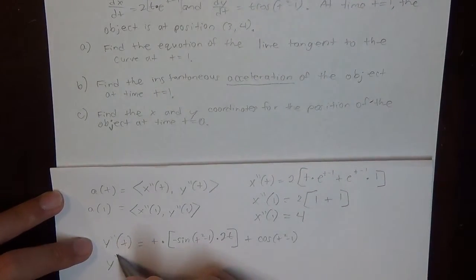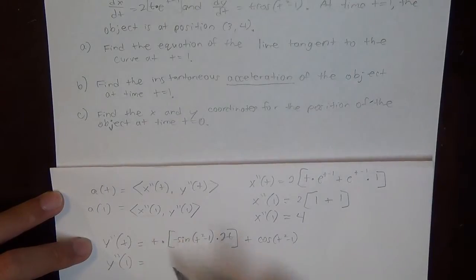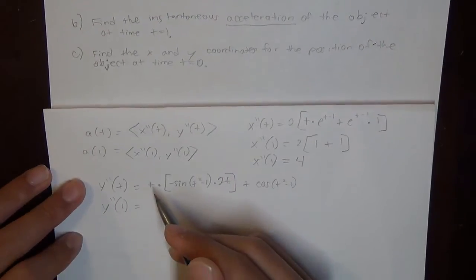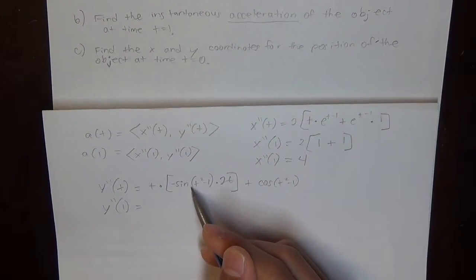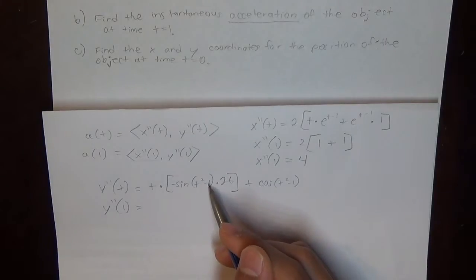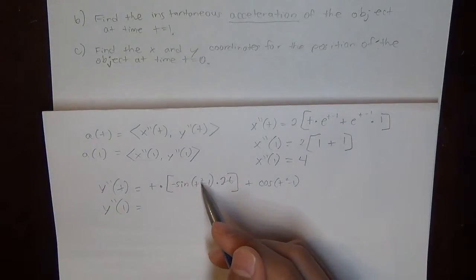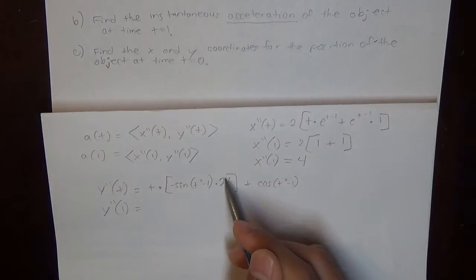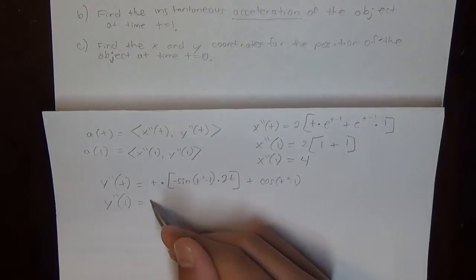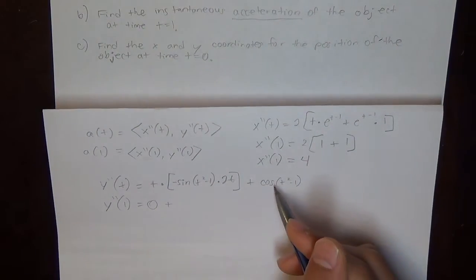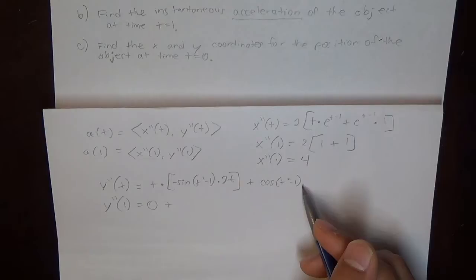Now we have to evaluate it when t equals 1. So when you plug 1 in here, you get 1 times negative sine of 1 minus 1. Well, that's sine of 0, right? And the sine of 0 is just 0. So whatever the other things are doesn't really matter, because it's just going to end up being 0. 0 plus cosine of 1 minus 1.